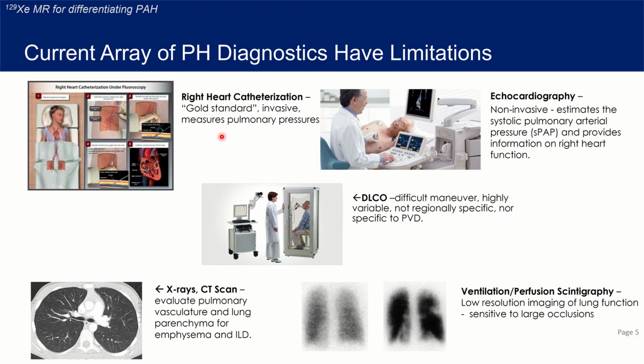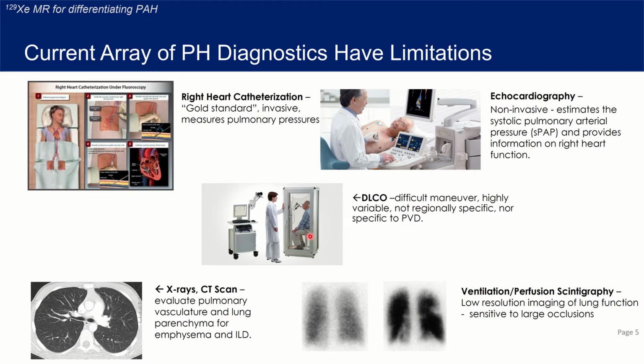The patient's usually sedated for the procedure, they're not exercising, and so the numbers sometimes don't correlate with what's actually happening when they're active. Echocardiography, shown here in the top right, is essentially ultrasound of the heart, and this allows us to get pictures of the heart, to estimate the pressures inside the heart, but again, it really doesn't give us the etiology or why this is actually happening.